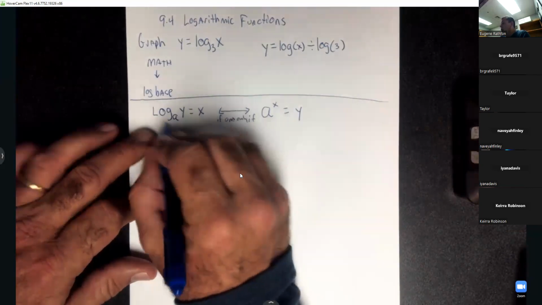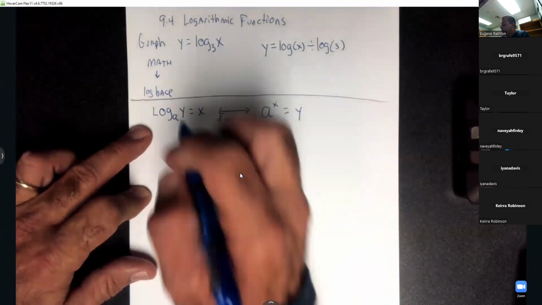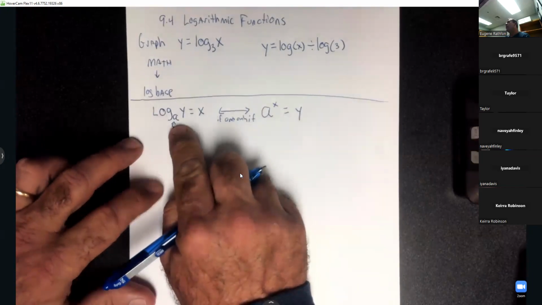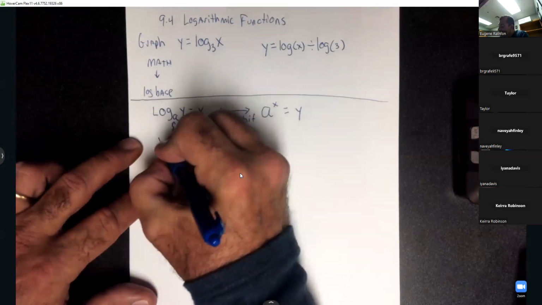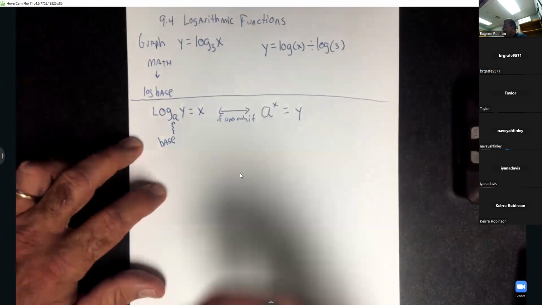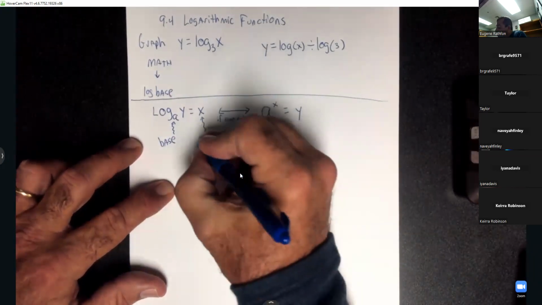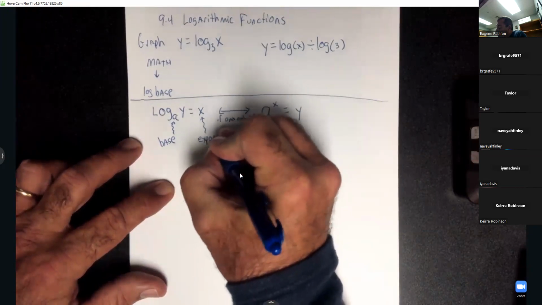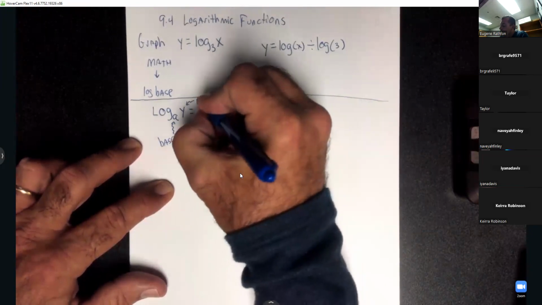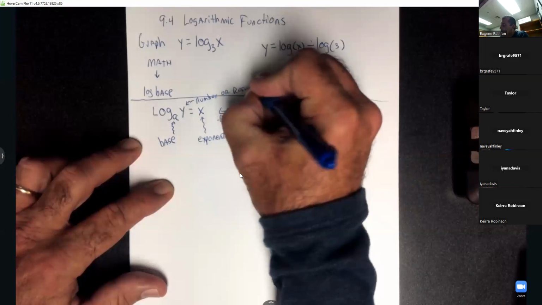So here's the logarithmic expression on this side, and this is exponential. The little subscript a is the base. And remember, logarithms find exponents, which means that x is the exponent, and then y is the number or the result.